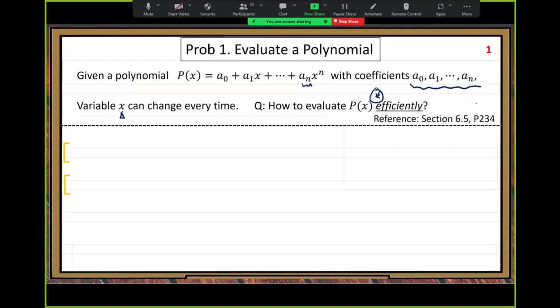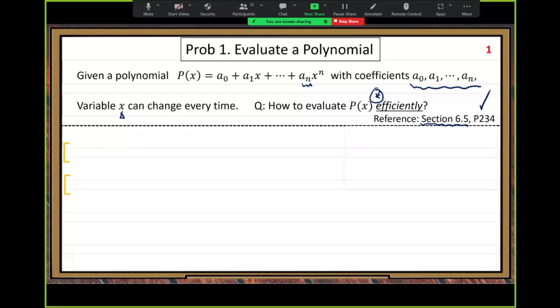Here, let me give you the reference in the textbook. I took this problem from section 6.5. This one, I didn't follow the natural order of the textbook, but after that, most of the other materials follow the order.